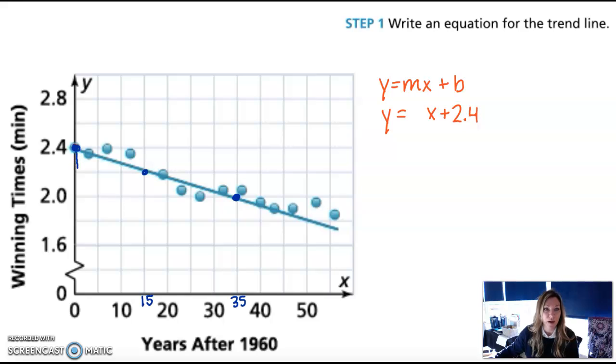I'm going to look at my rise, and we know it's a negative association, so it's going down. So what kind of slope will we have? Negative slope. So we can see it goes down 0.2. And it goes over, or our run is approximately 15.